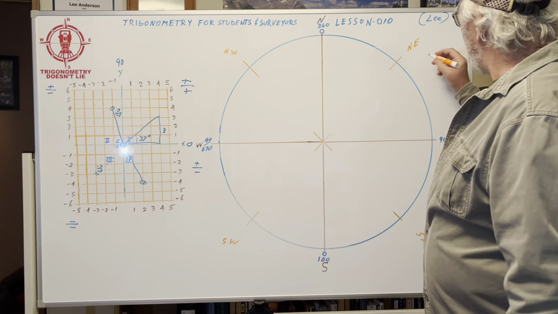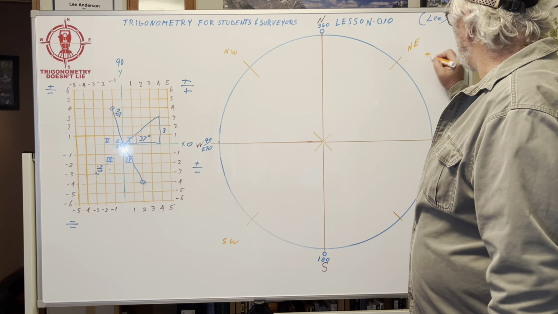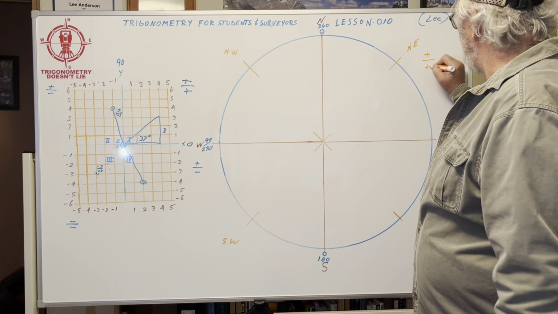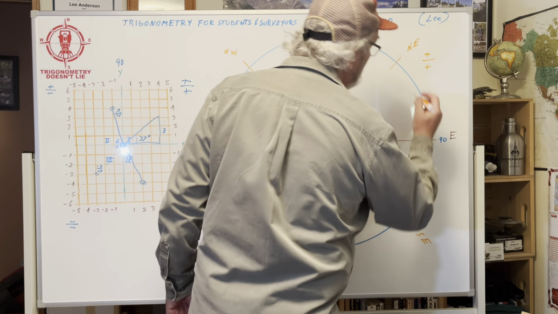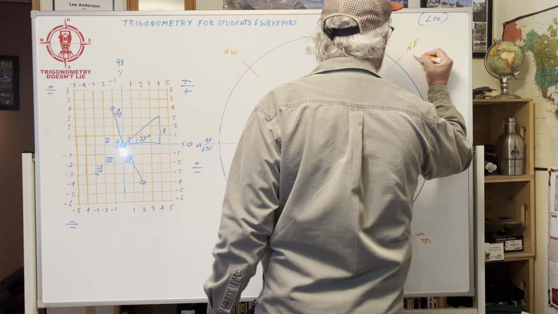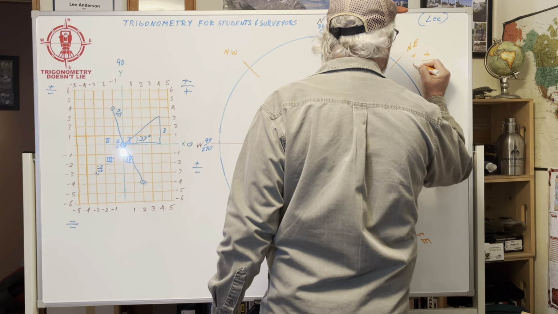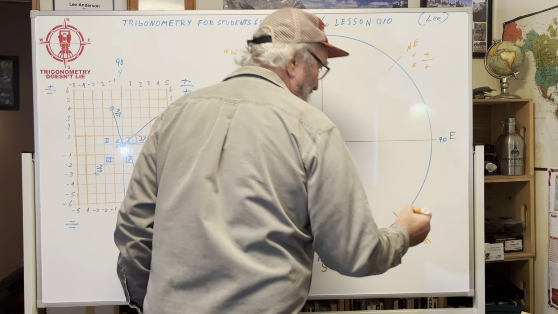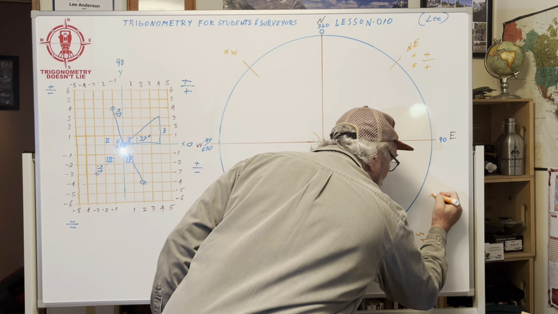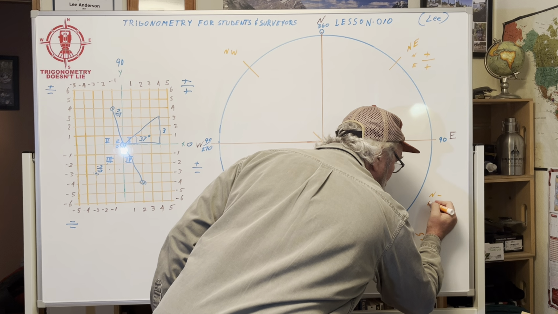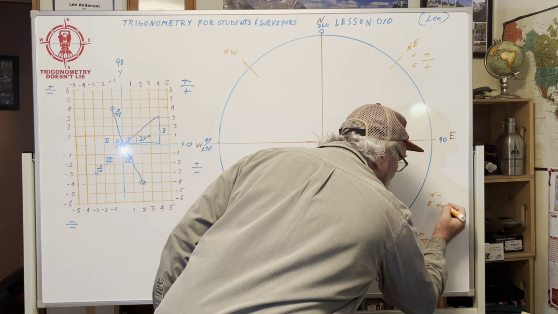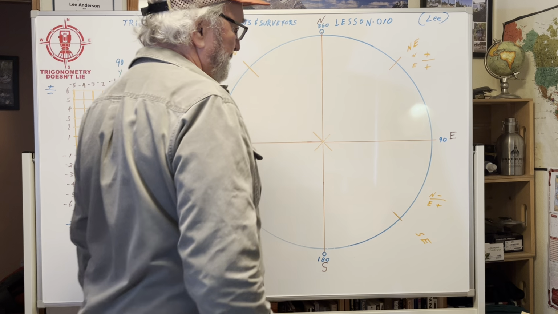So over here you're going to have a positive and a positive. Over here you're going east, so that's positive, but your northing, and the northings are always on top, and I'll show you that in a minute too. And over here your northing is a negative, and your easting is a positive, so we're going east.